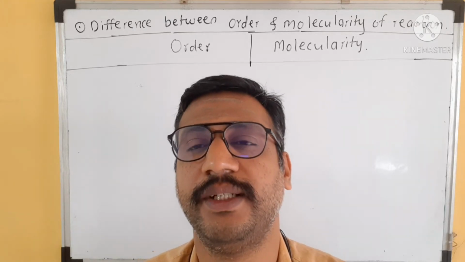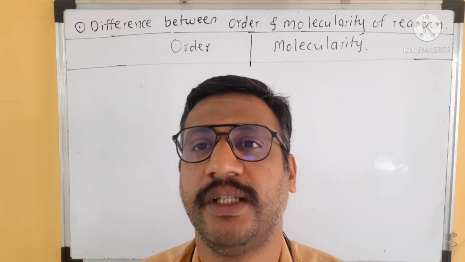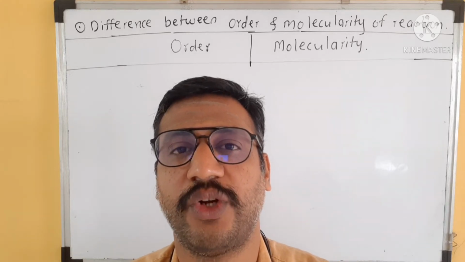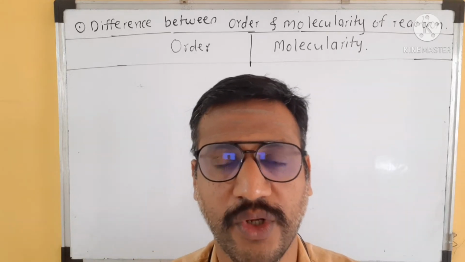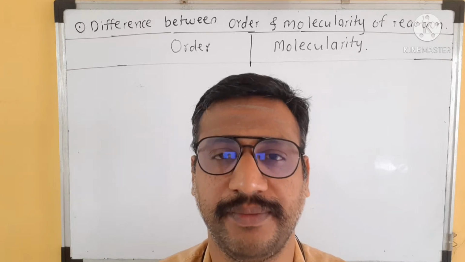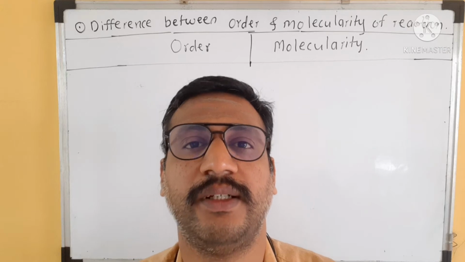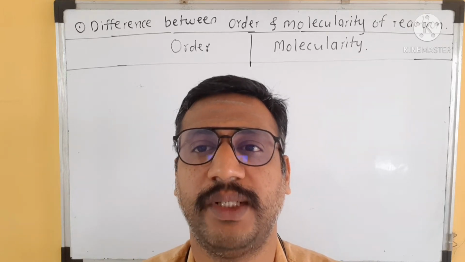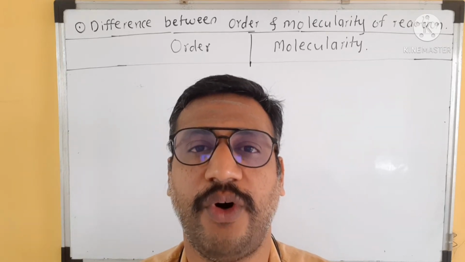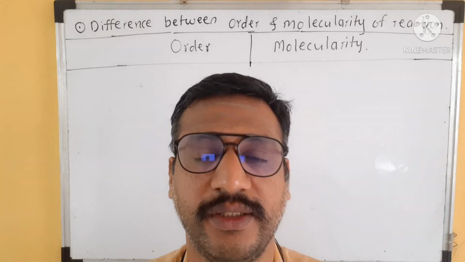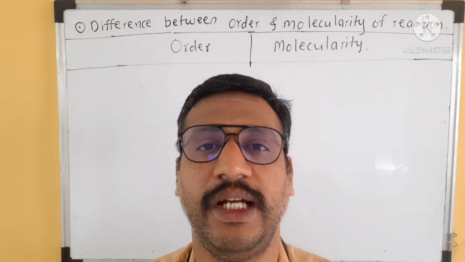So let's proceed. First, what is the order of a chemical reaction? Order of a chemical reaction is the sum of the powers of all the reacting species in a rate law equation.